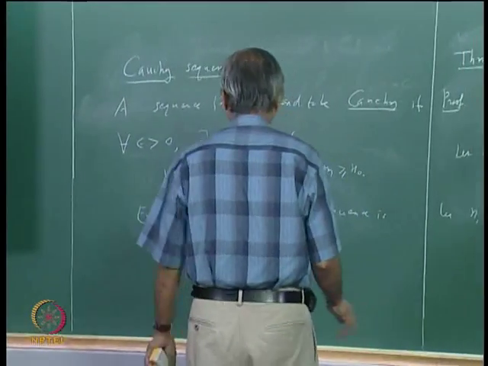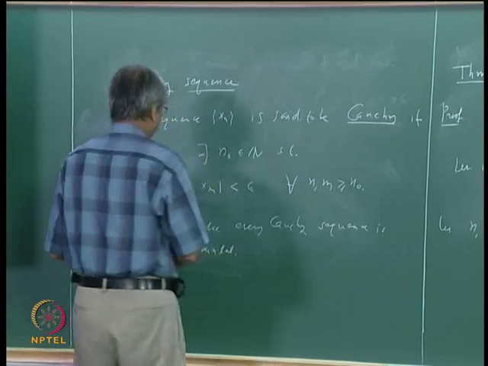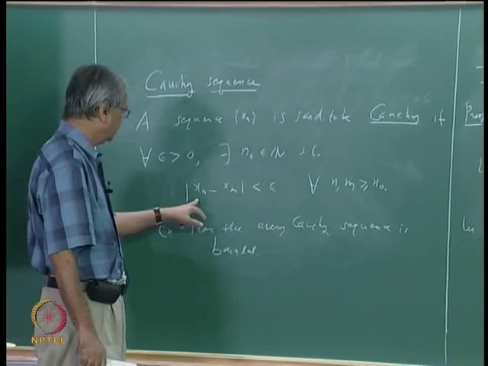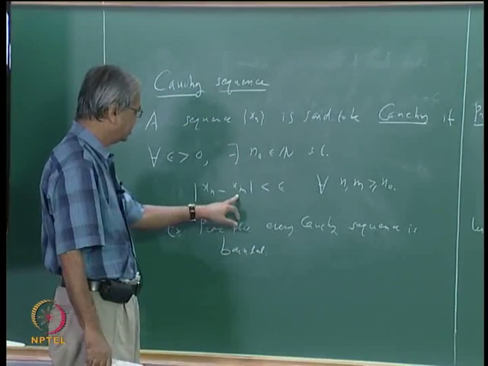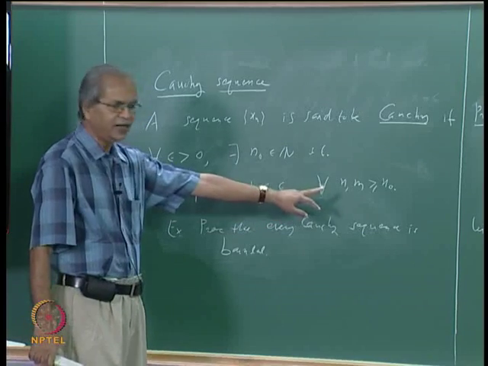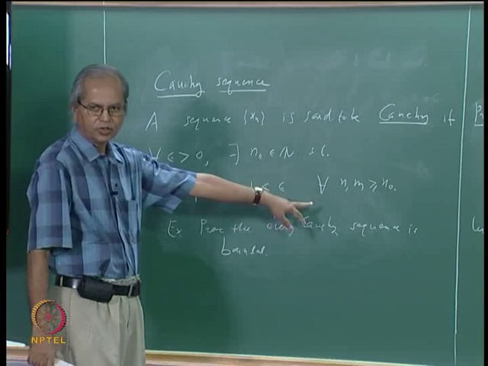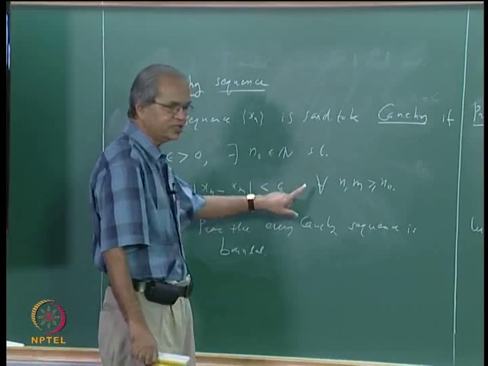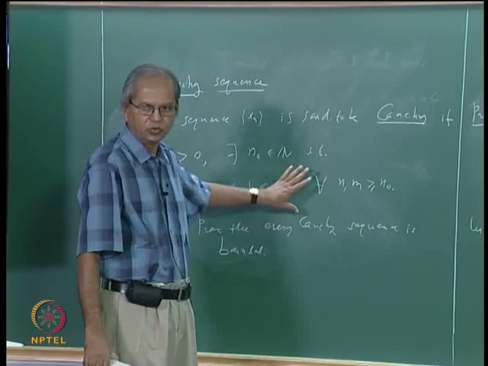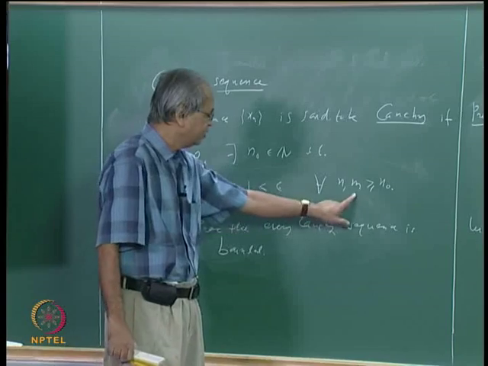The idea here is simple. See, this mod xn minus xm is less than epsilon for all n and m bigger than or equal to n0. I will just give an idea and you can write the proof on your own. Suppose I take m equal to n0.